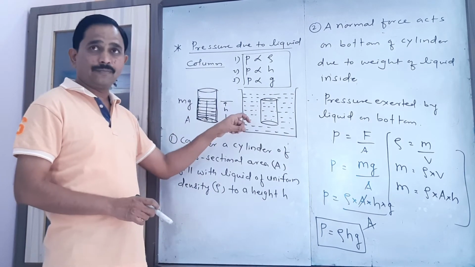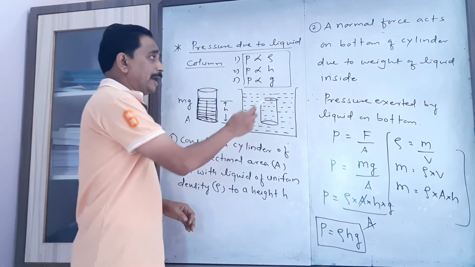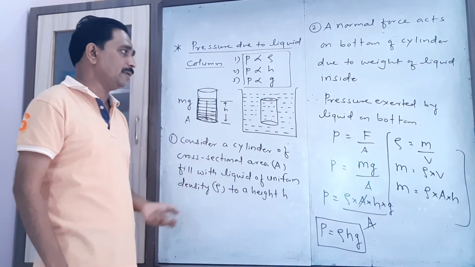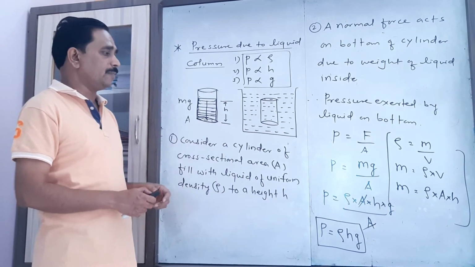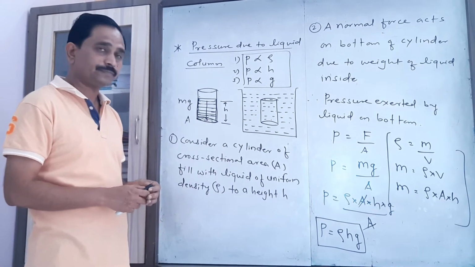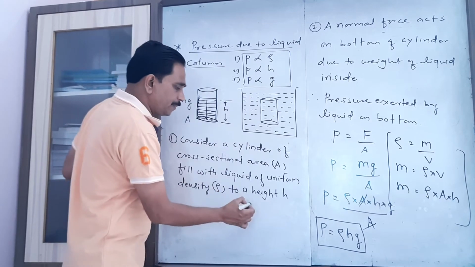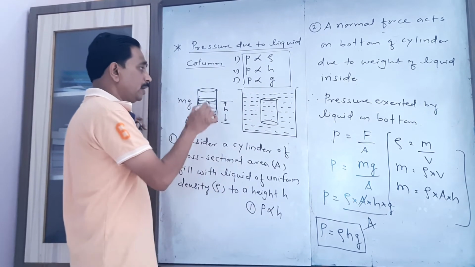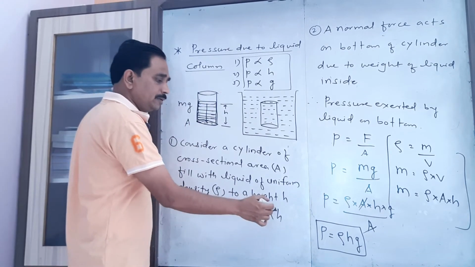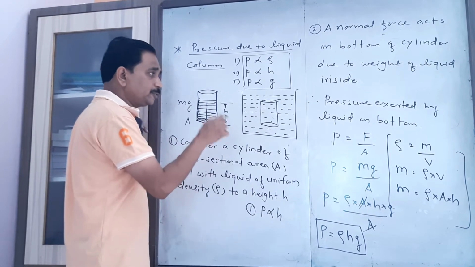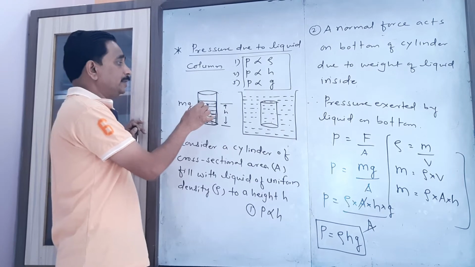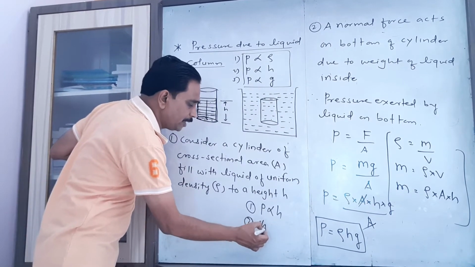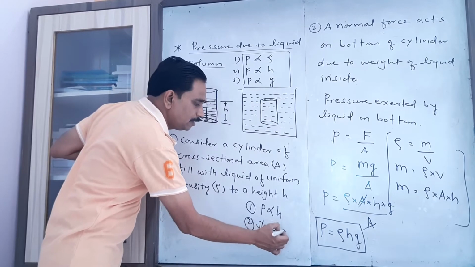And if the acceleration due to gravity is greater at the place where we perform this experiment, then the pressure will be greater. So keep in mind, this pressure is directly proportional to the height, or if we move in the downward direction, to the depth. The pressure exerted by the liquid column is independent of the shape and size of the vessel.